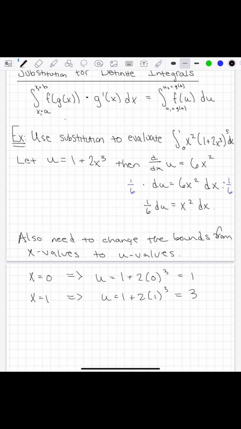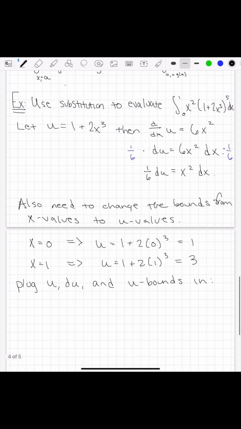So then we plug the du and u bounds in. Let me rewrite this.